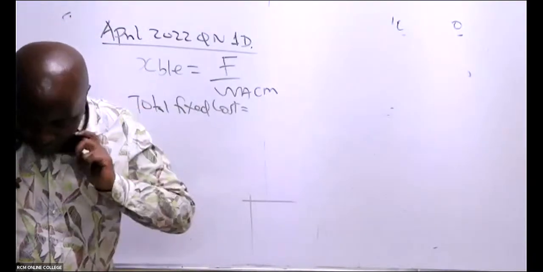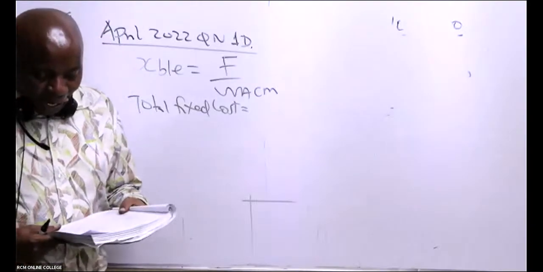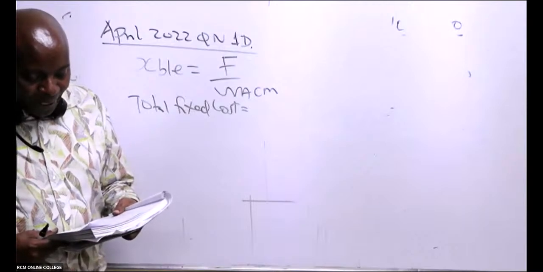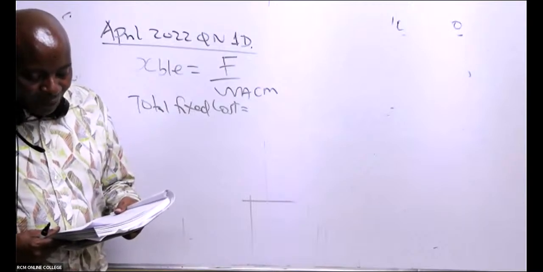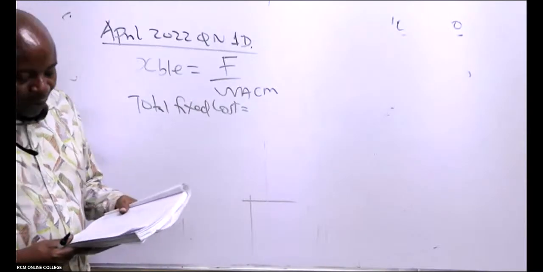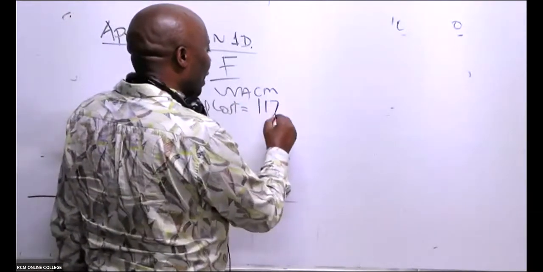Anybody who is able to see the fixed costs? We have direct avoidable fixed costs. Are you able to see 117,000? We have two types of fixed costs there. We have to be very, very careful.